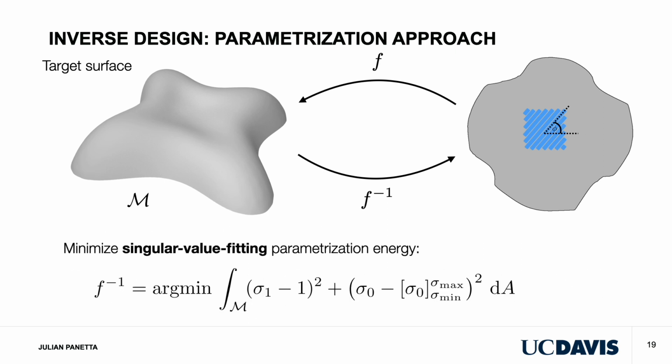We can compute a flattening in this form by minimizing the following objective expressed as a simple function of the singular values. This objective fits the smaller singular value to 1 and the larger singular value to the admissible range. Notice that the principal stretches sigma of the flattening map should be the reciprocal of the inflation contraction factors alpha, and so the bounds for sigma are just the reciprocal of the bounds for alpha.